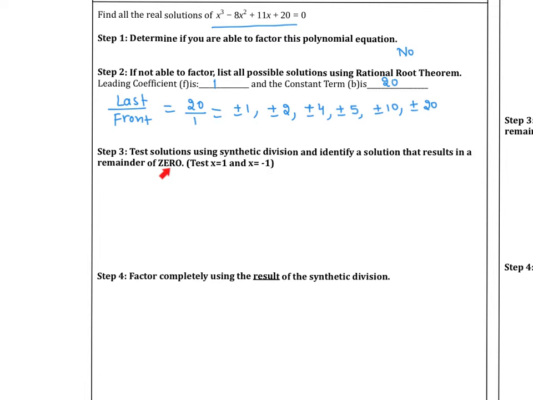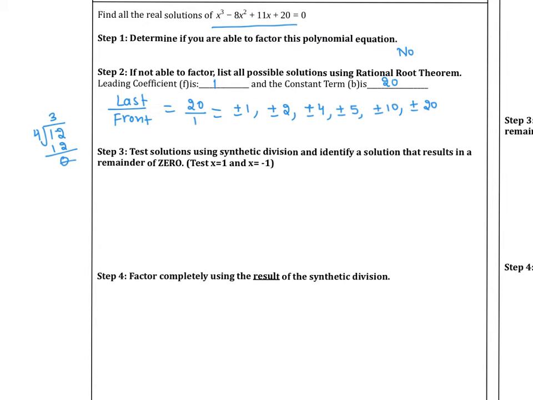Just remember that in order to be a factor, we should have a remainder of 0. Remember the same simple example we used to do: if 4 divides 12 completely, it means that 4 is a factor of 12. Similarly, if any number that we have here can divide the polynomial completely, meaning the remainder is 0, then that number with x will be its factor.